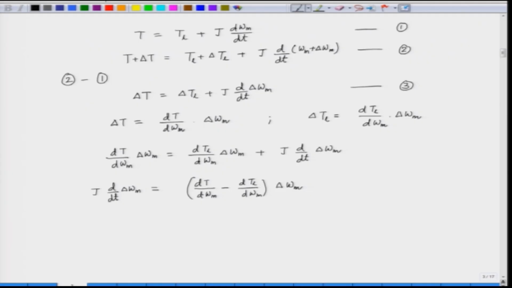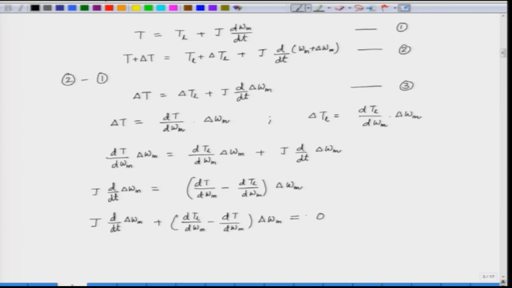Or we can take everything to one side: J d by dt of delta omega m plus dTL by d omega m minus dT by d omega m, into delta omega m, is equal to 0.